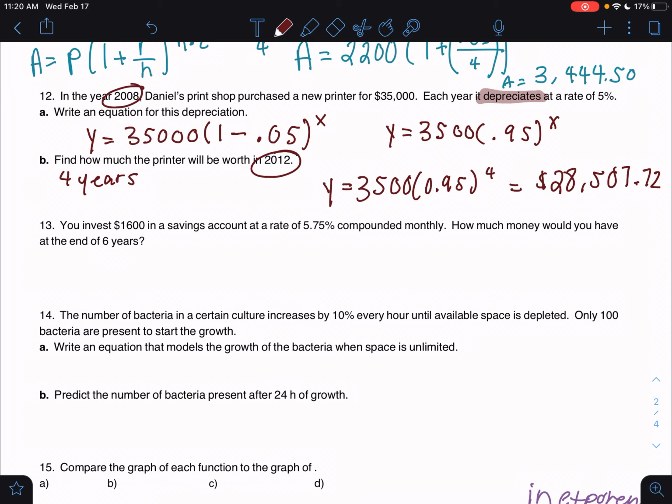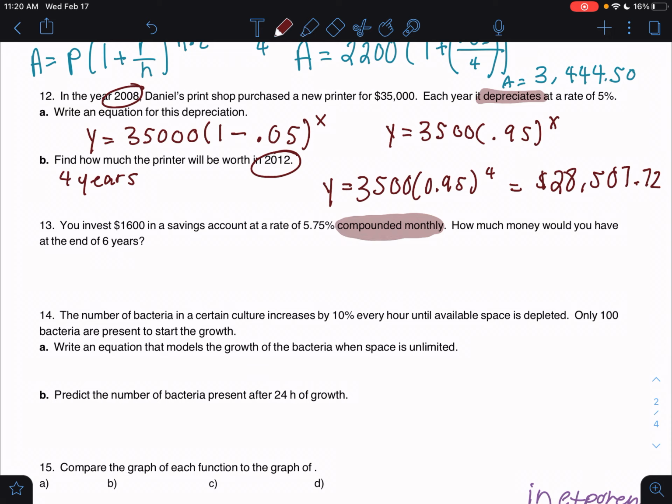Let's look at number 13. You invest $1,600 into a savings account at a rate of 5.75% compounded monthly. So remember, whenever you see the compounded, we're going to use the compound interest formula.